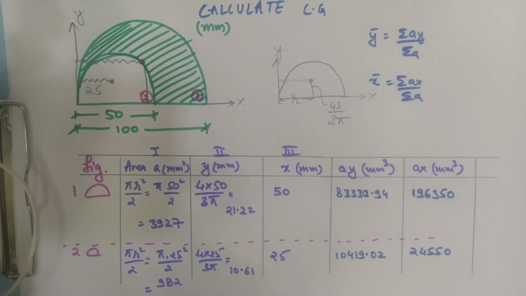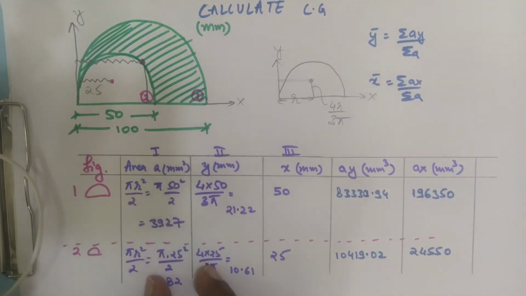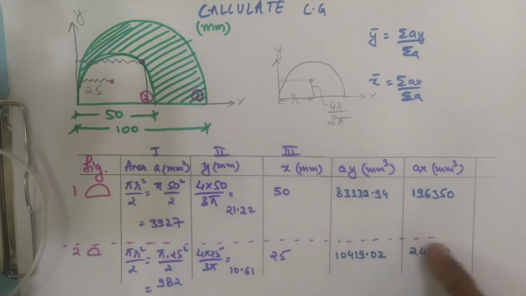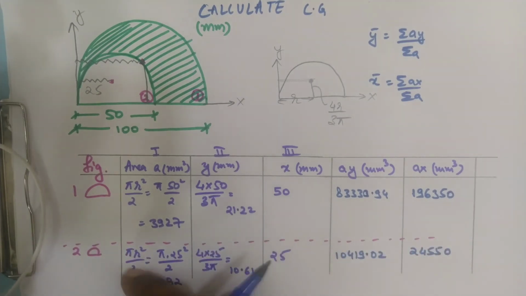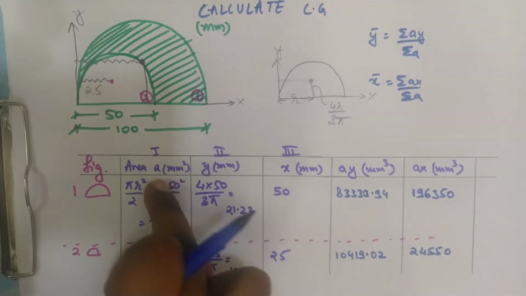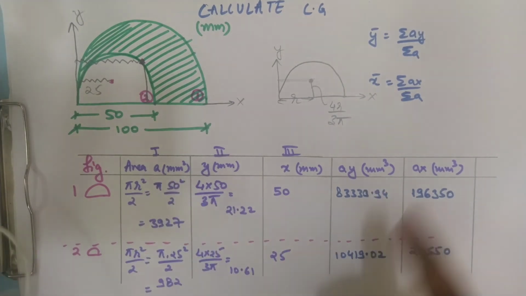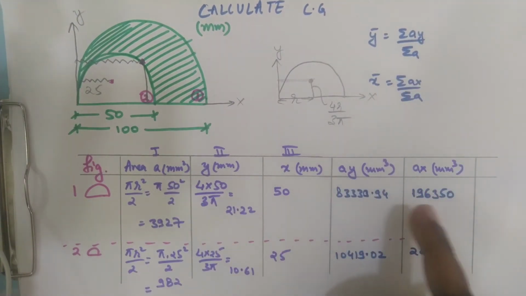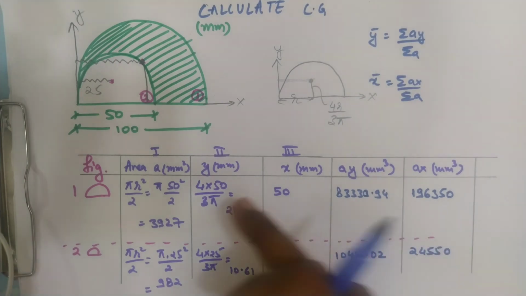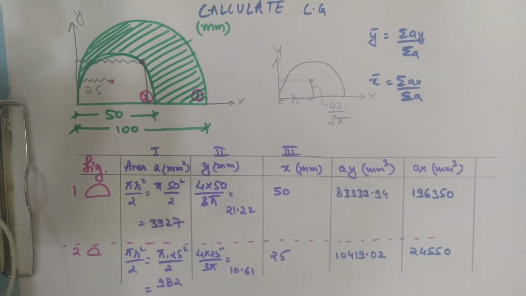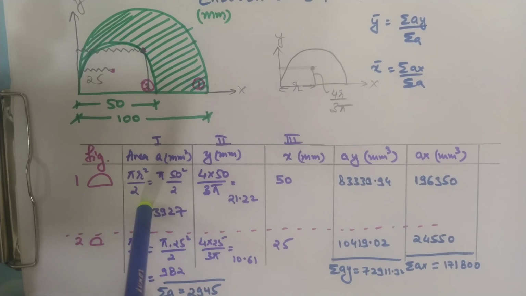In the sum we have to remember this minus this, because this is below the dotted line. Whatever is below the dotted line we have to delete. So this minus this we write here, then again this minus this and this minus this. So bigger semicircle minus smaller semicircle, and this also we got here.